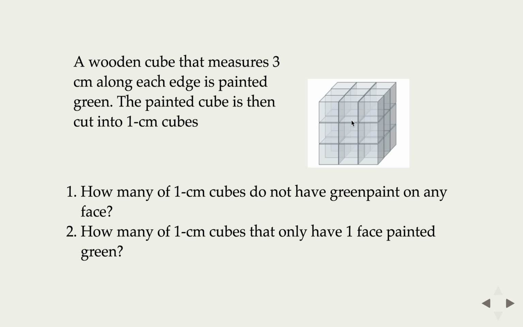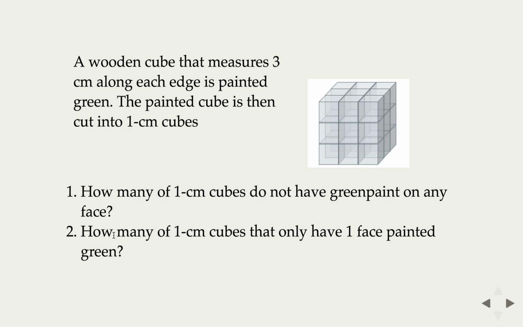It's all inside, so that means it does not get painted. And how about any other ones? They would all have at least one or more faces painted. So the answer is there's only one cube that is not painted at all.